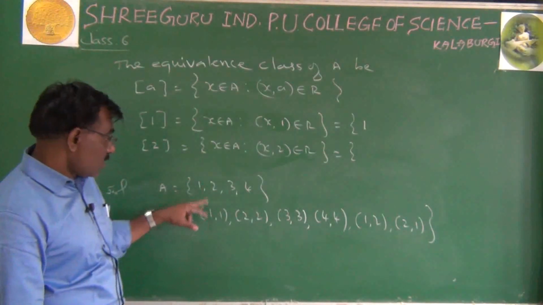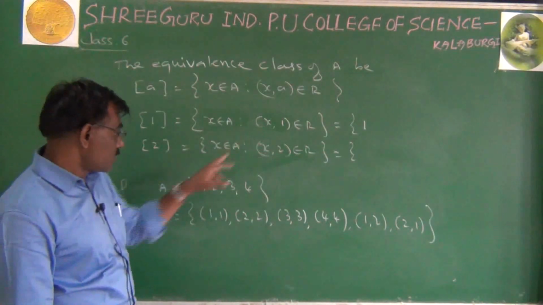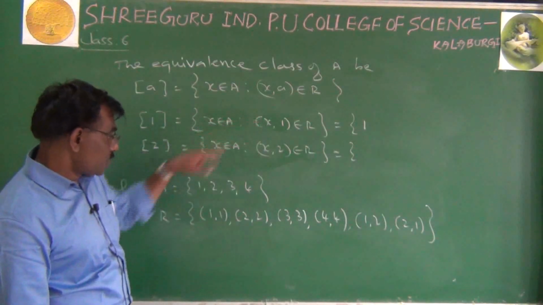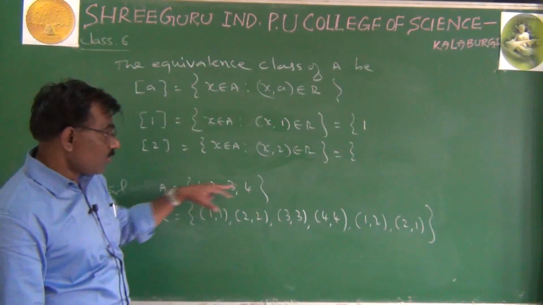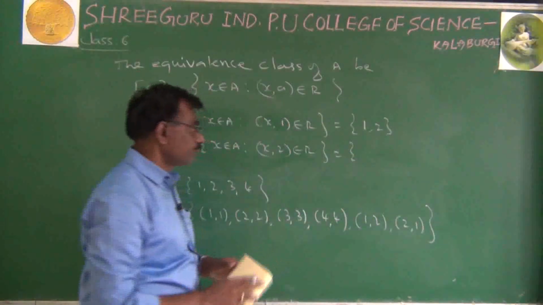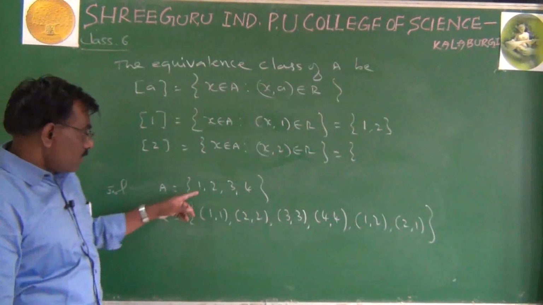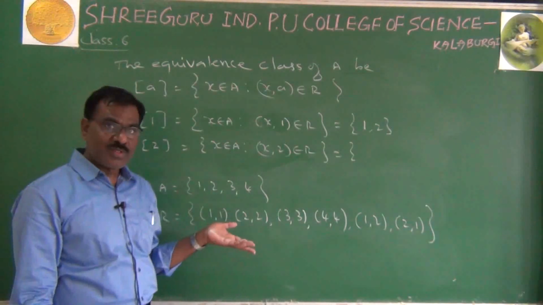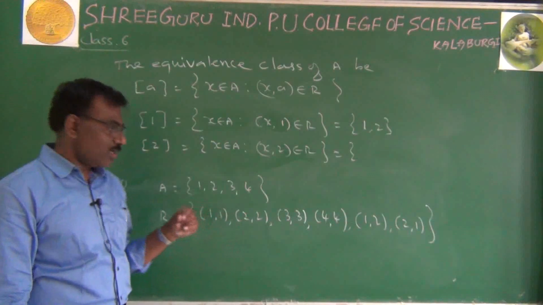X is 1, (1, 1). X is 2, (2, 1). So I think it is 2 counts. He is asking equivalence class of set A.